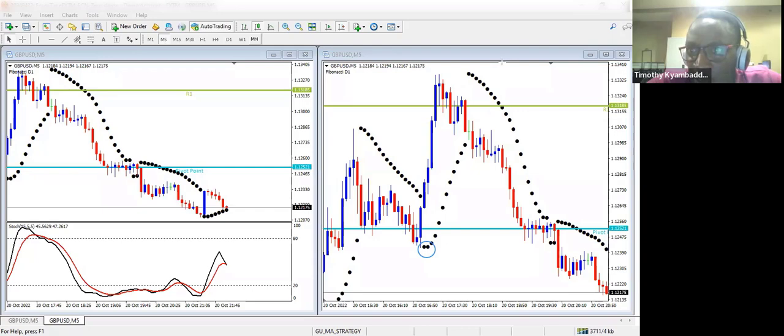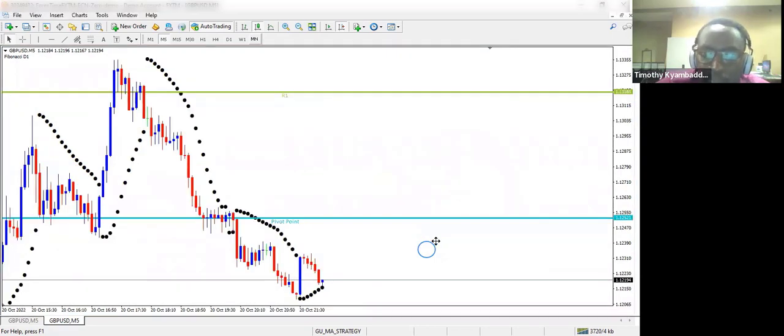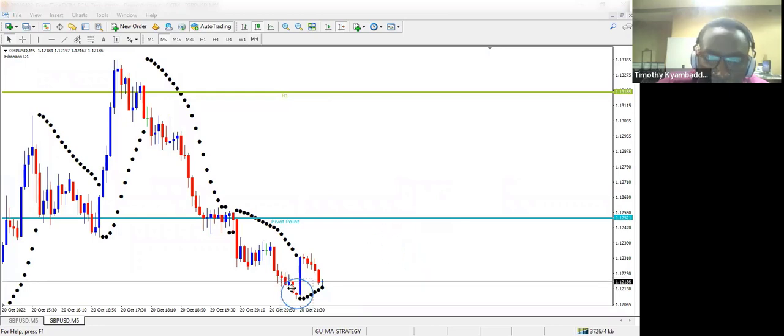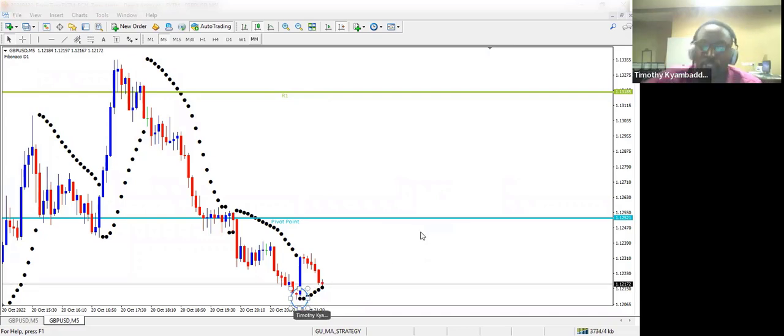That's a signal to buy. You see those dots I've circled down there? That's a signal to buy.